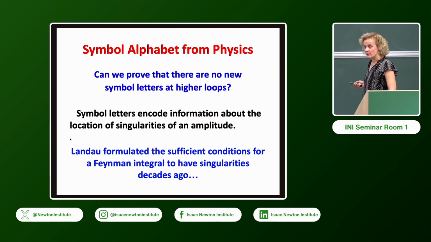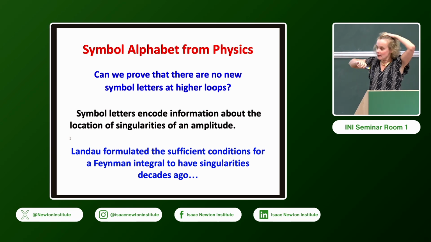So at least I explained to you bullet point number 1. Now, why is it important? These letters serve as an input into the bootstrap program. The way the bootstrap program computes, for example, 6 and 7 point amplitudes to high loops, is you start with those letters and then you pose various conditions.